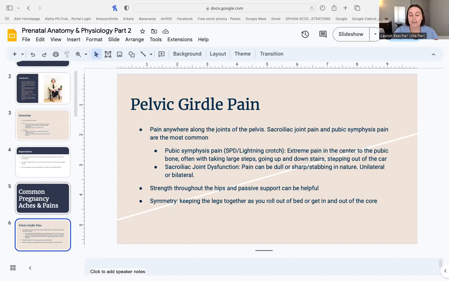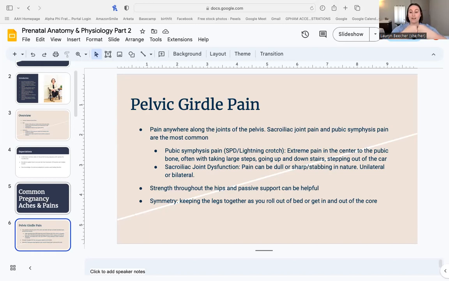It is honestly quite hard to miss because it's a very specific area, and it's often irritated by taking large steps or going up and down stairs, things where we have the right side of the pubic bone and the left side.